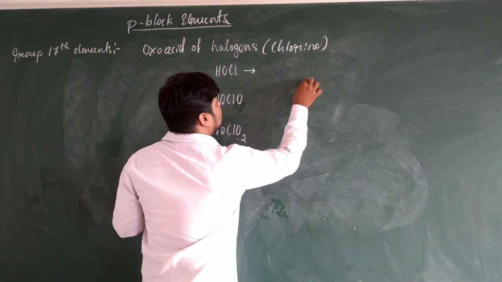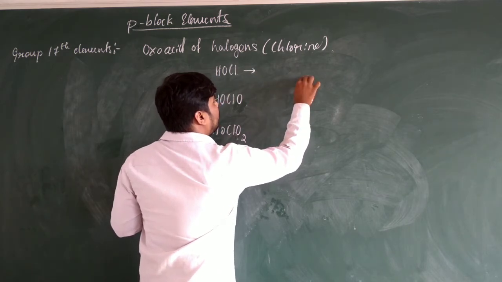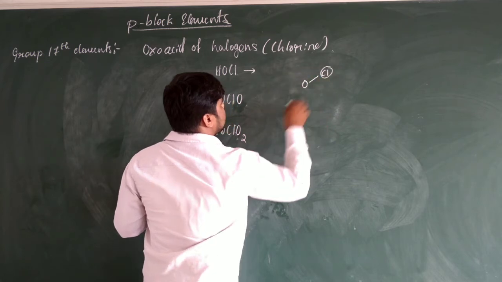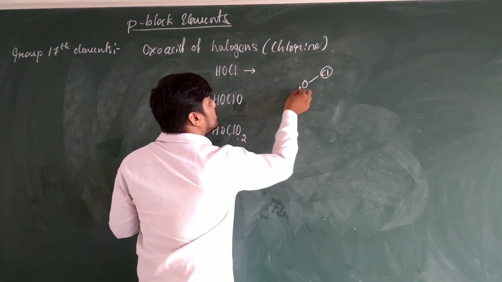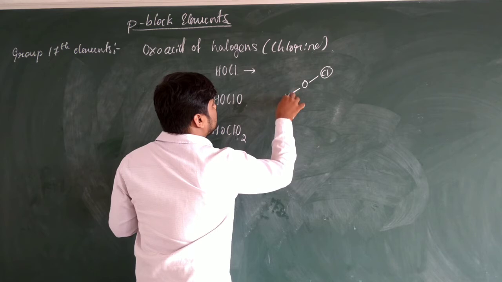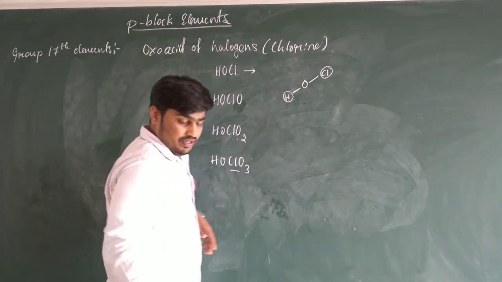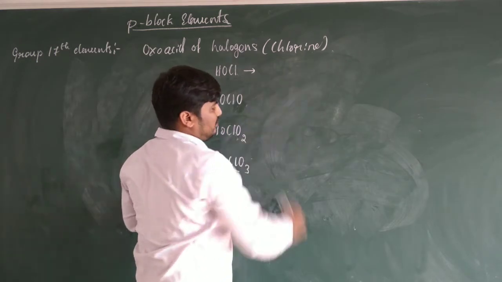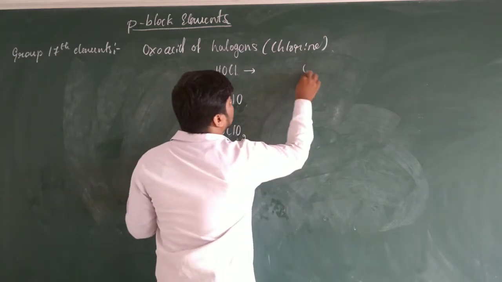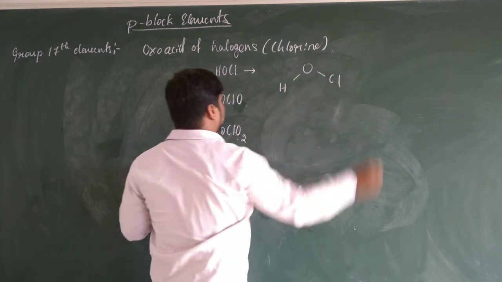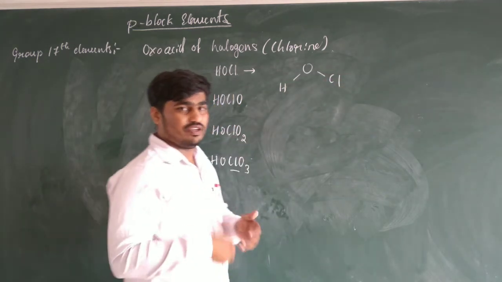Here, oxygen is the center, and next chlorine. This can be represented in another way: same one, O at the center, H and Cl. This is the best way of representation.